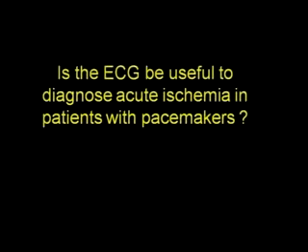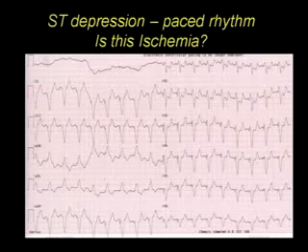The principles on the ECG of diagnosing myocardial infarction in patients with pacing are therefore exactly similar to the principles used for diagnosing MI in patients with left bundle branch block. So the same Garbosa's criteria, which we talked about for left bundle branch block, could be used to help diagnose MI in patients with pacemakers.